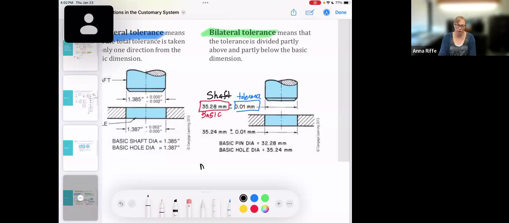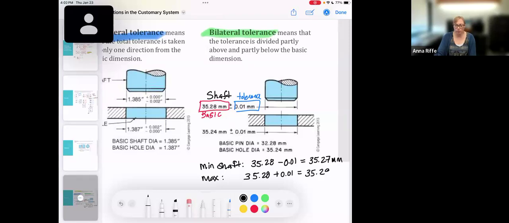So if I want to find the minimum shaft that will pass, I can take that 35.28 millimeters and subtract 0.01 millimeters, giving me 35.27 millimeters. So that is the smallest that the shaft could be. And then for the maximum shaft, we're going to take that basic dimension of 35.28 and add the tolerance of 0.01, giving us 35.29 millimeters. And you can do that in your calculator or by hand, either way.